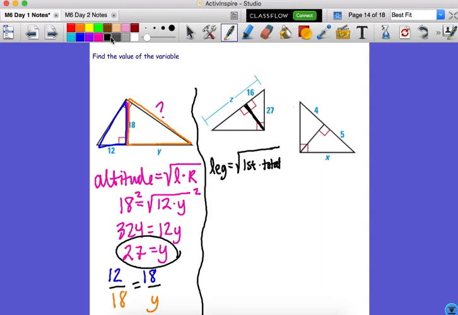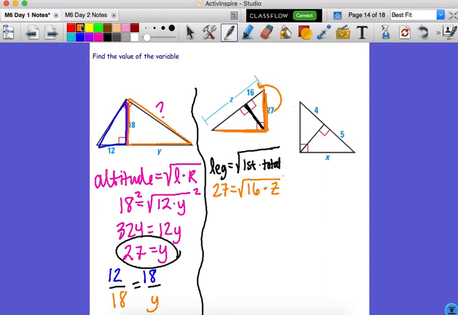So in this case, the legs are referring to the two sides surrounding that 90-degree angle. So 27 is the leg, should equal, as we round the corner, remember we're going to the hypotenuse as quick as we can, we've got 16, and our total is z.